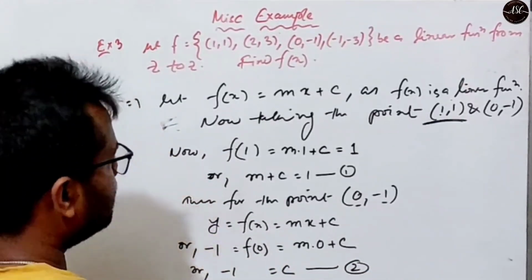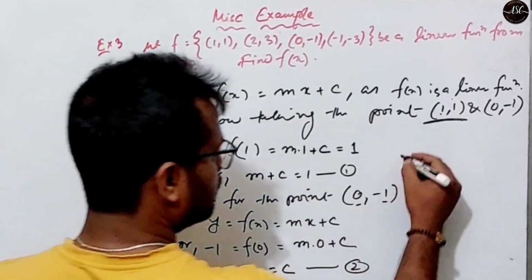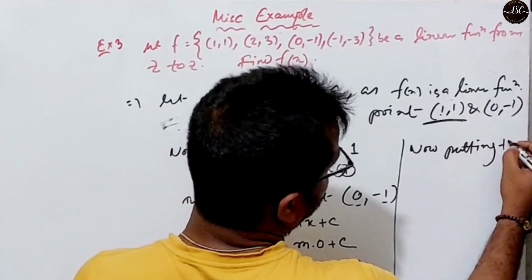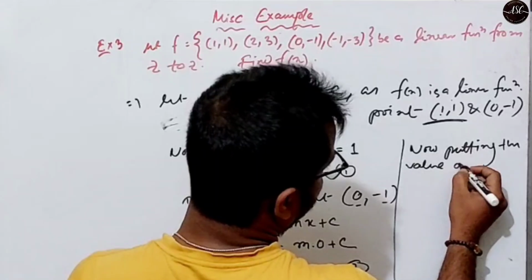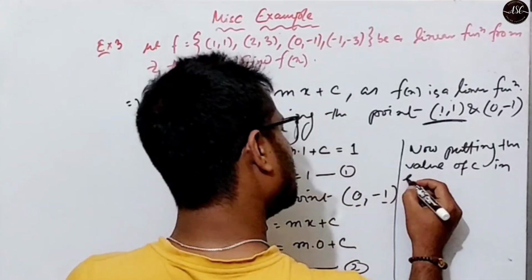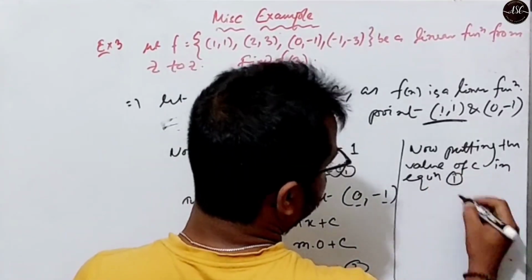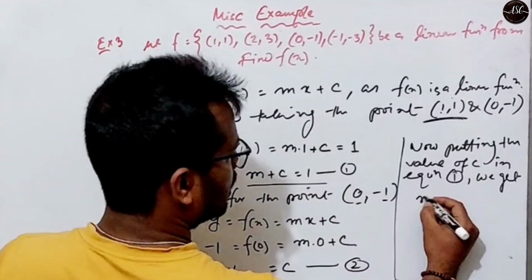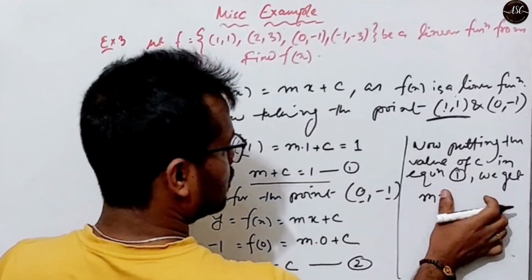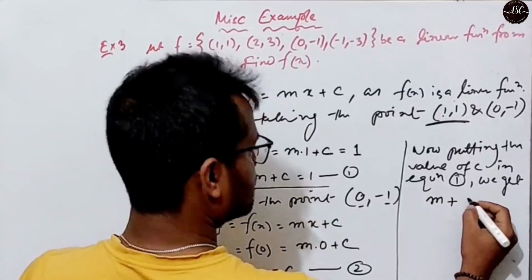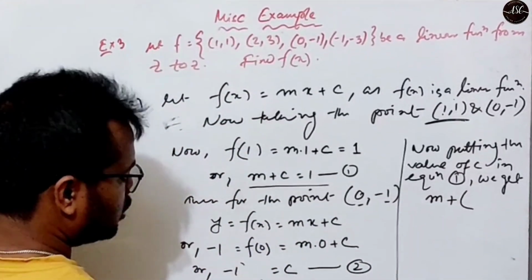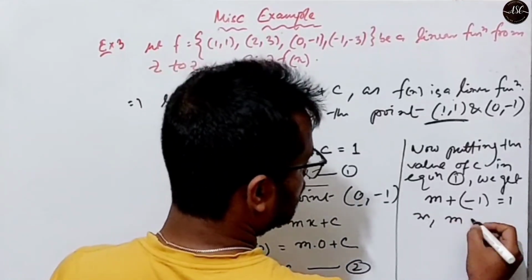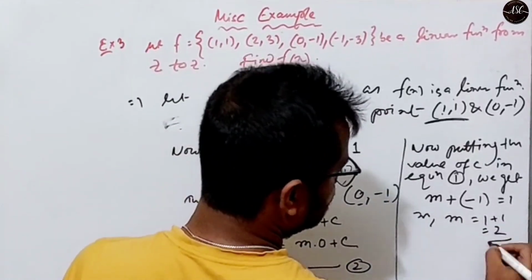Now putting the value of c in equation 1, we get m plus, here the value of c equal to -1, m - 1 equal to 1. That means m equal to 1 plus 1, that is 2.